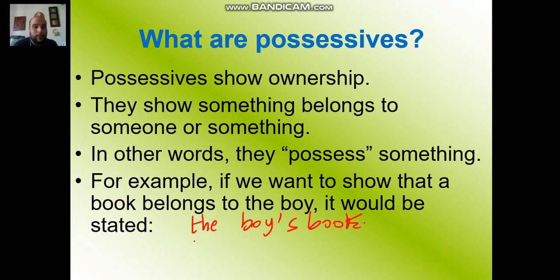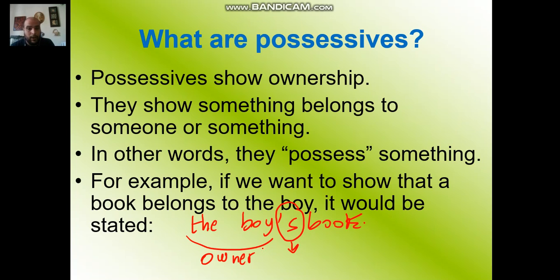Of course, here I'm going to start with the owner, then the sign of ownership, which is the apostrophe s or only apostrophe in the plural case.